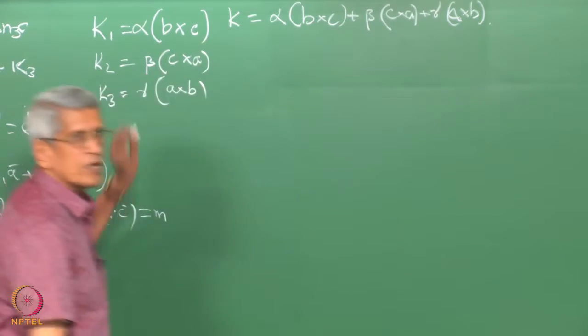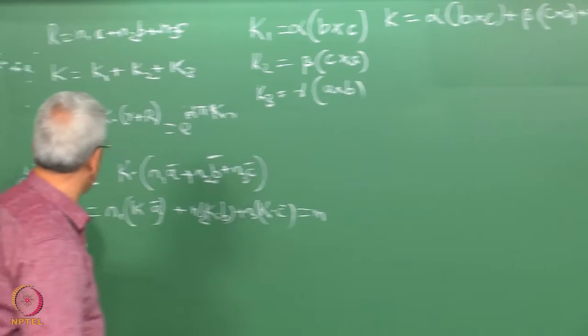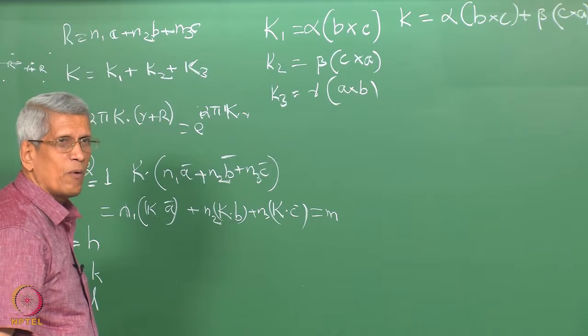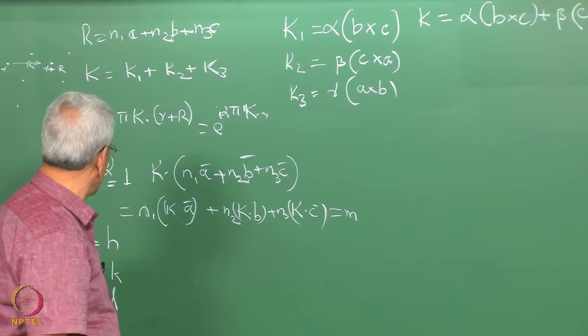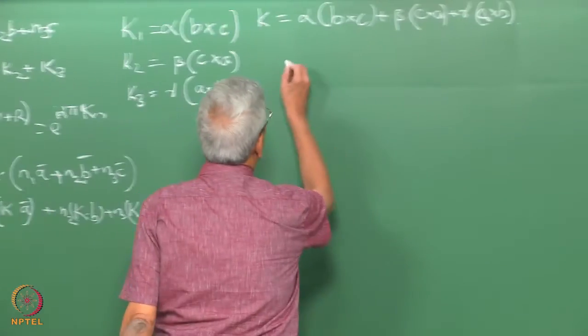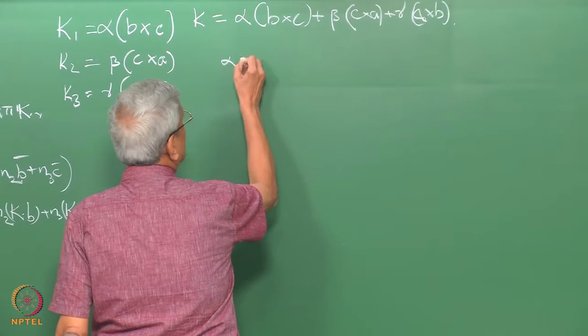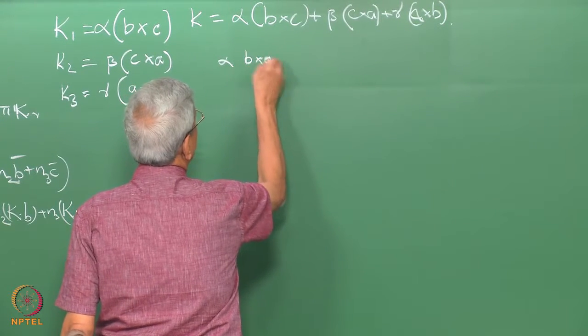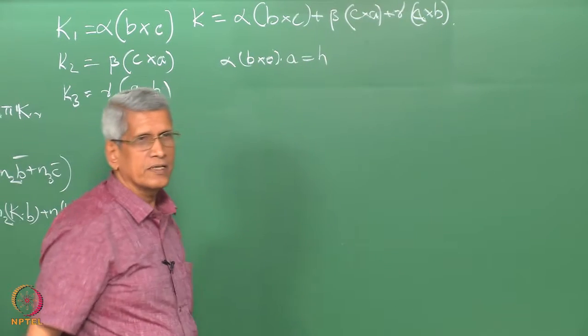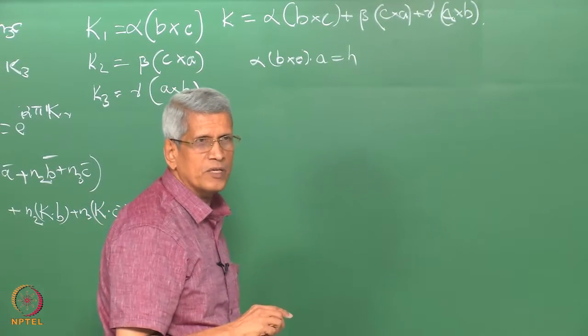Now, if I substitute this k in here, what will it turn out to be? If I take the dot product with respect to this k, it will be alpha into B cross C dot A, which turns out to be H. This is the sort of expression we will get.